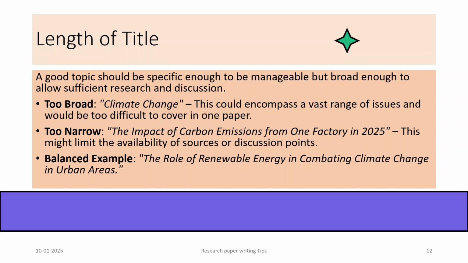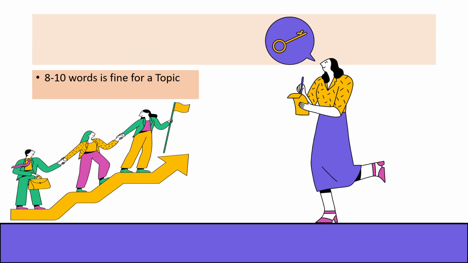Say, the role of renewable energy in combating climate change in urban areas. It is a balanced one where you can cover it. So the length of your title should be decided based on that. So you have to go for a balanced example, right? Preferably 8 to 10 words is fine for a topic.